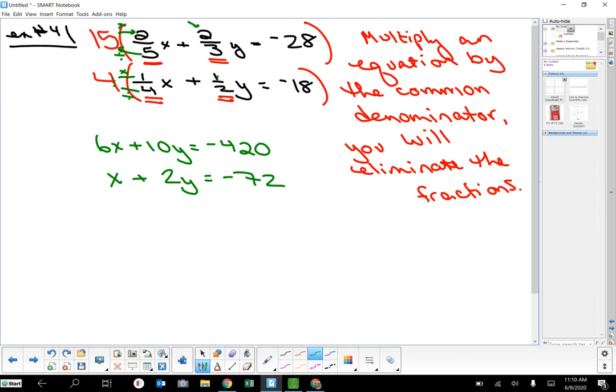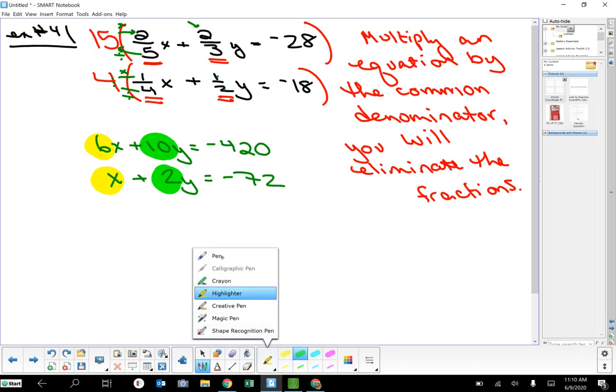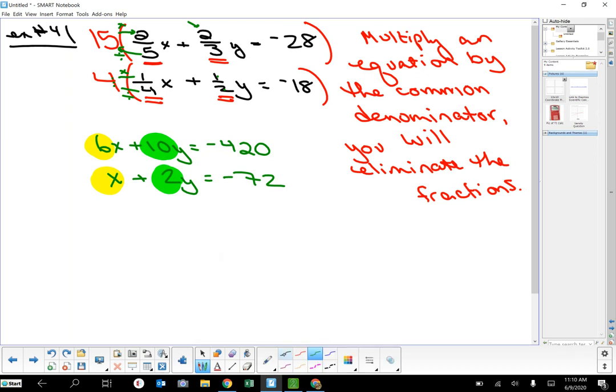And now you have to decide if you're going to make your x's the same or if you're going to make your y's the same. And I think what I'm going to do here is just make my x's the same by multiplying this by negative 6. I don't have to multiply the top equation by anything.